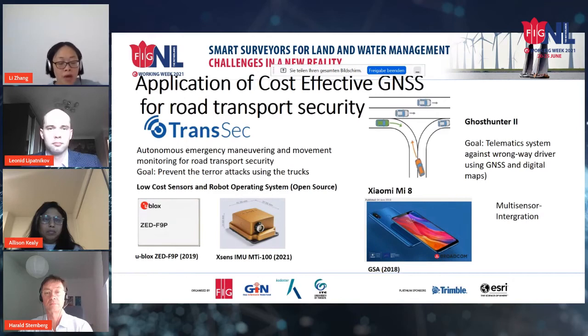One project is called Transec, and the goal is to prevent terror attacks using trucks, which happened in Nice and in Berlin. The other project is called Ghost Hunter, to detect wrong-way drivers.